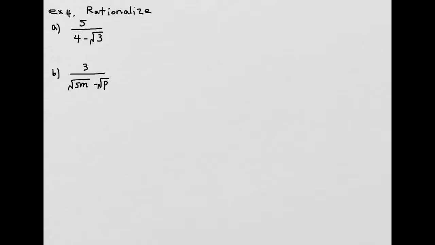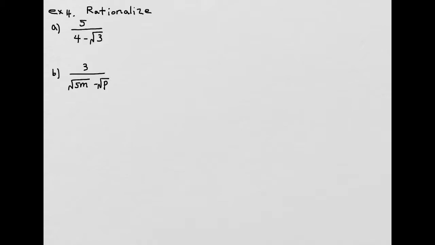Next example, example 4, we're still rationalizing, but this time we have more than one term on the denominator. We have actually 2 terms. So whenever we have 2 terms, in order to rationalize, you're going to multiply by the conjugate of the denominator. What does the conjugate of the denominator mean?